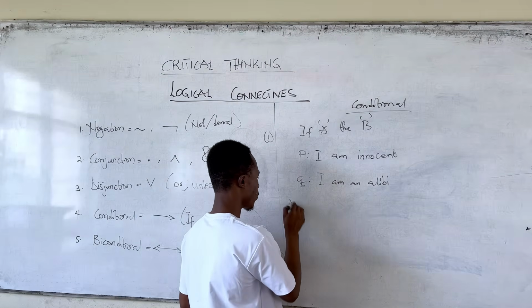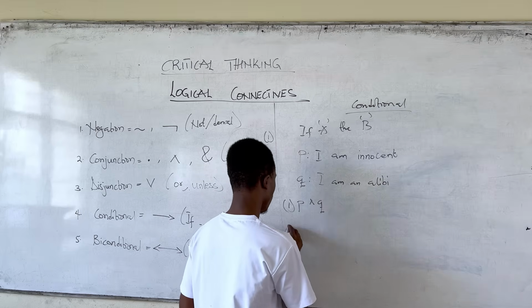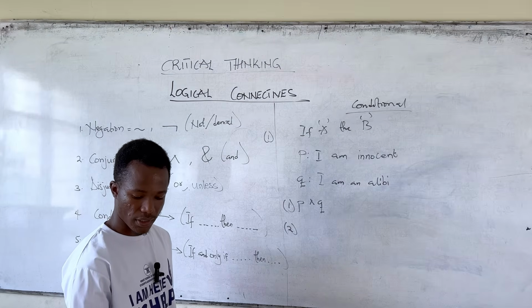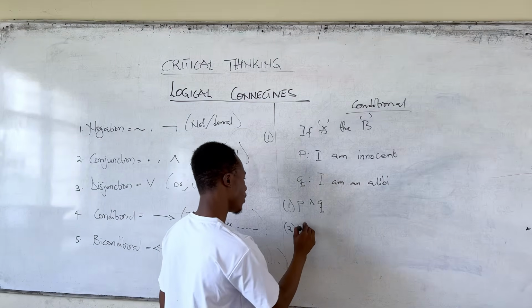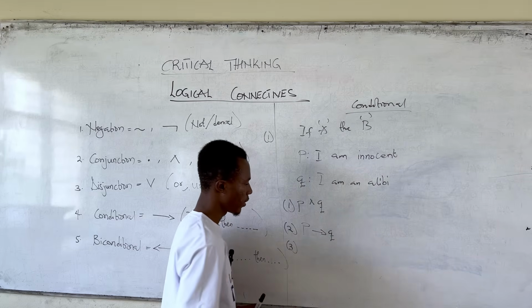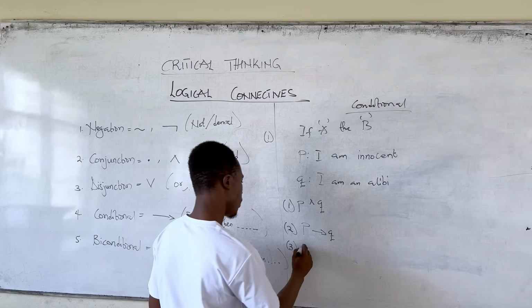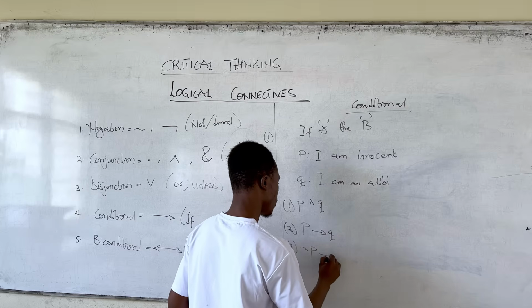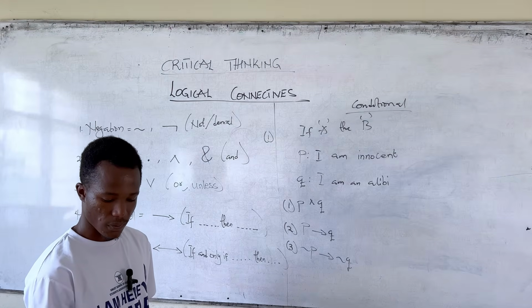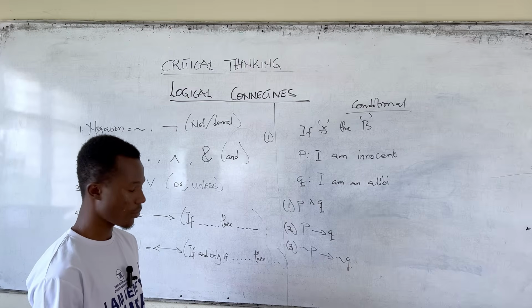So question 1, P, Q. Question 2, is P, Q. Question 3, Tyler P, Tyler Q. It is Tyler Q, Tyler P. Okay.